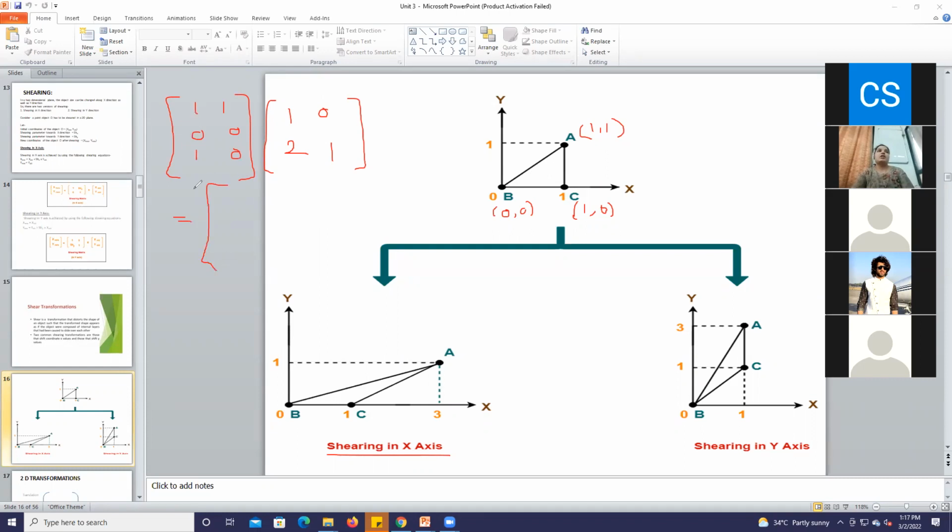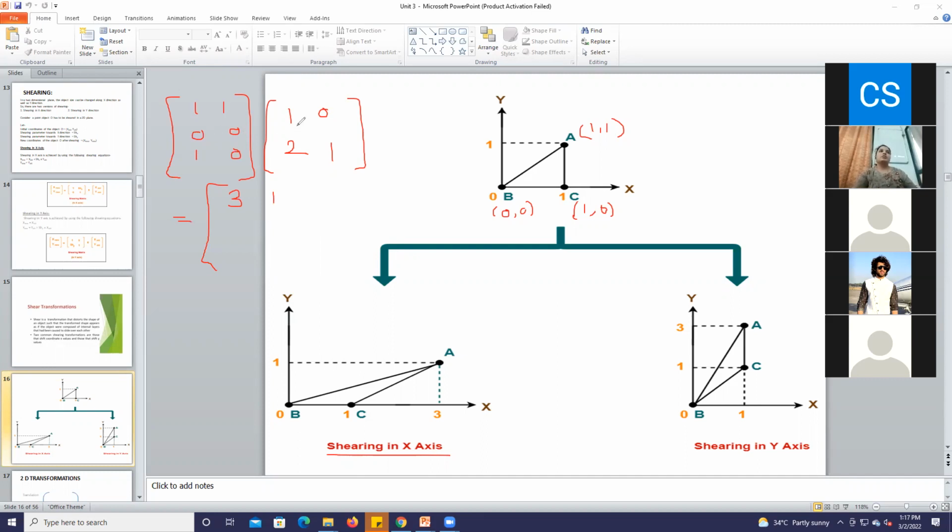So what is the result I will be getting? 1 in this first row, first column. So 1 into 1, 1 plus 2. So I will get here 3. Similarly, this row and second column. So 1 into 0, 0. 1 into 1 is 1. So (3, 1) is the first point after shearing.